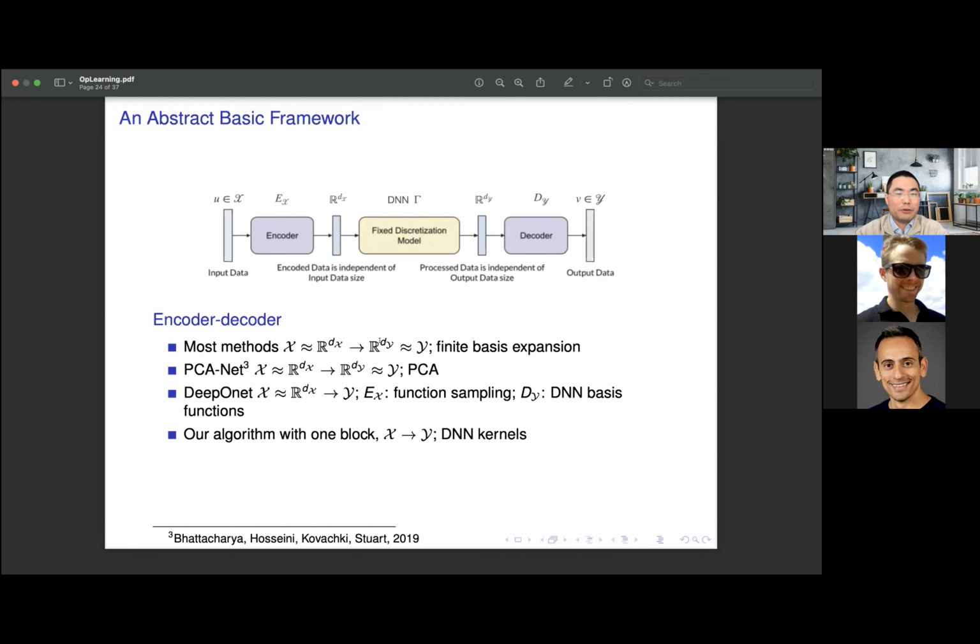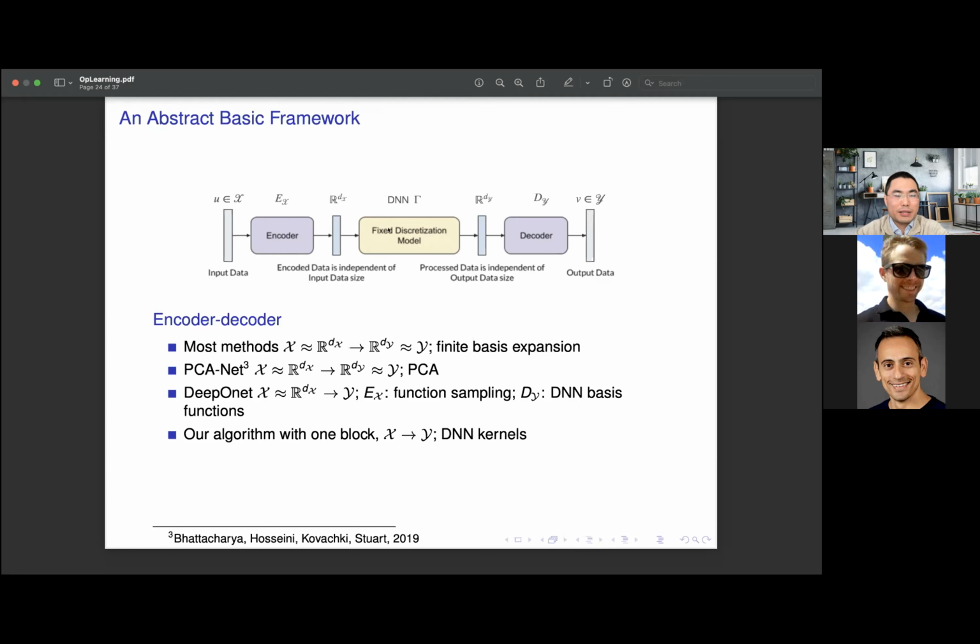Actually, this basic structure has already covered several examples in operator learning. For example, if you use the naive ResNet plus interpolation, this means that in the middle, you have a ResNet structure. In the encoder and decoder, you have some interpolation technique to deal with these different kinds of discretization formats. This basic structure also covers the PCA network for learning operator, because you can use PCA to build the encoder and decoder.